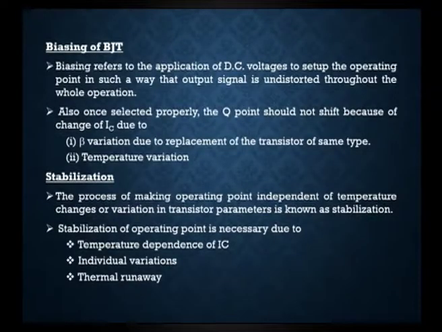Biasing means the DC supply voltage that we give should not distort the output signal. This is how we choose a biasing circuit that is helpful for better amplification. Once we have selected a biasing circuit properly, the Q point should not shift because of a change in IC. The external DC voltage that we have chosen should not affect the Q point, or operating point, or quiescent point.